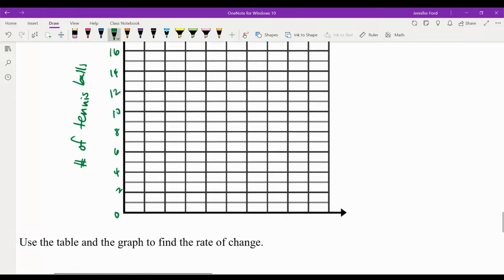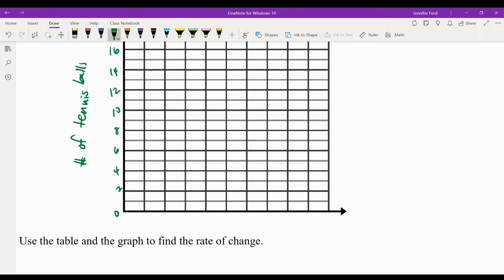And then I'm going to do weeks on this side, and I'll just go by one. So 1, 2, 3, 4, 5, 6, 7, 8, 9, 10. I know our table only goes to 6, but I'm going to go ahead and label everything just in case I need it. And this is time in weeks. Okay.